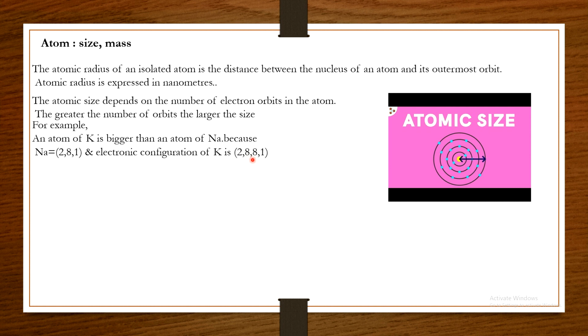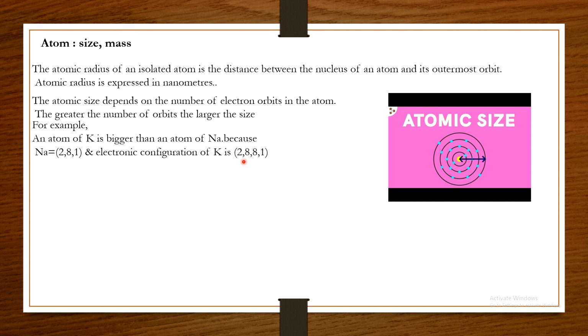That means 8, 8, 16, 17, 18, 19. Okay, so here observe that these are the 3 orbits, and here the potassium will contain 4 orbits. So the number of orbits of K is greater than that of sodium.